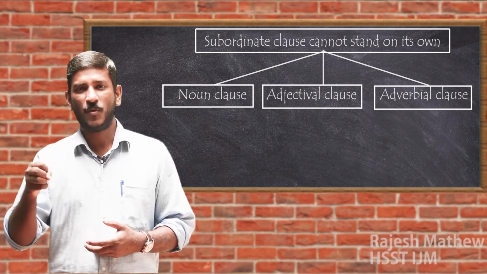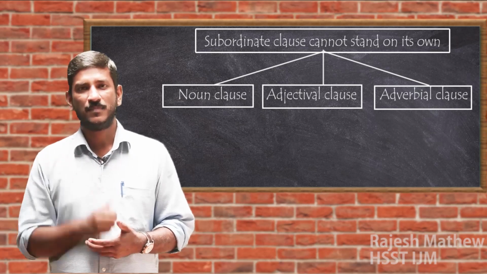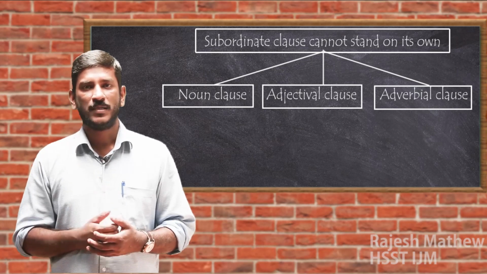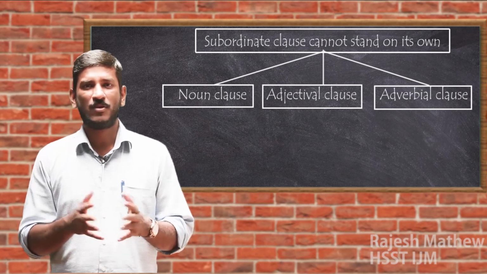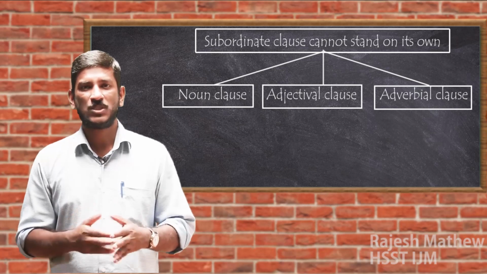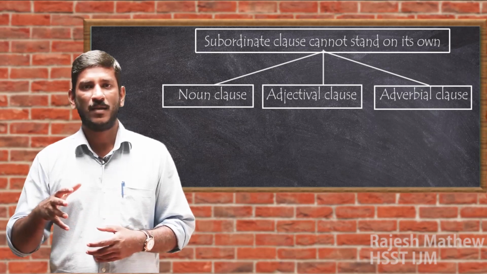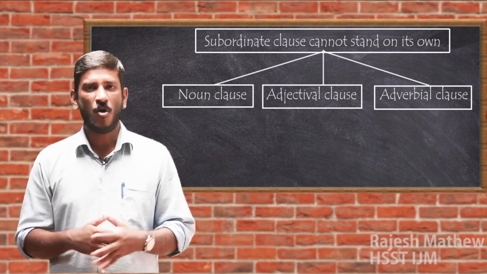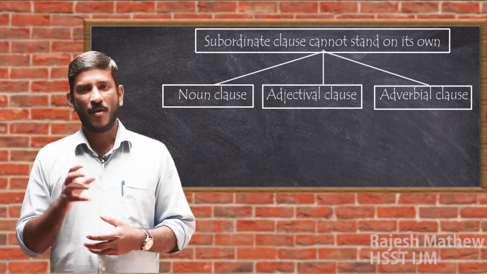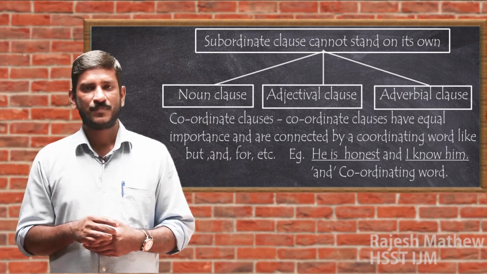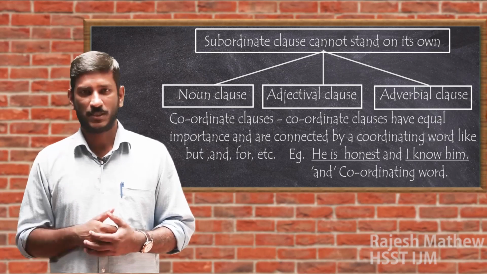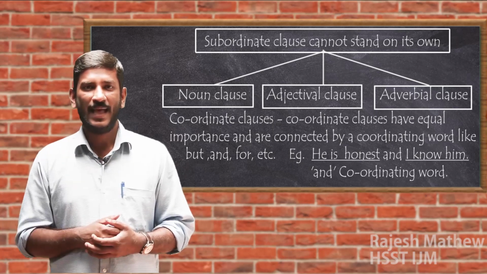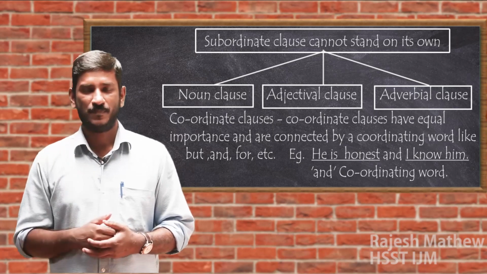The three types of subordinate clause are: the first one, noun clause; second, adjectival clause; and the last, adverbial clause. There is one more clause, the coordinate clause. Coordinate clauses have equal importance. For example, he is honest and I know him.